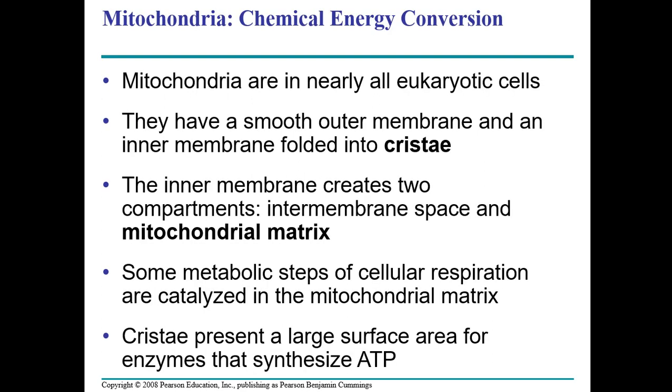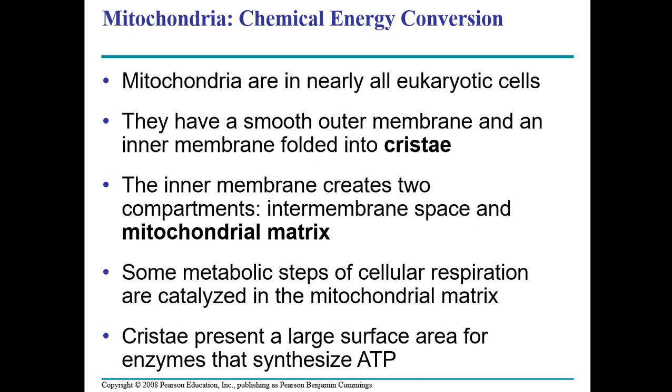So mitochondria are in nearly all eukaryotic cells. Wala ka naman makikita sa prokaryotic na mito. Smooth outer membrane and inner membrane. Okay, inner membrane folded into cristae. Hindi siya cisternae. Okay pa. The inner membrane creates two compartments.